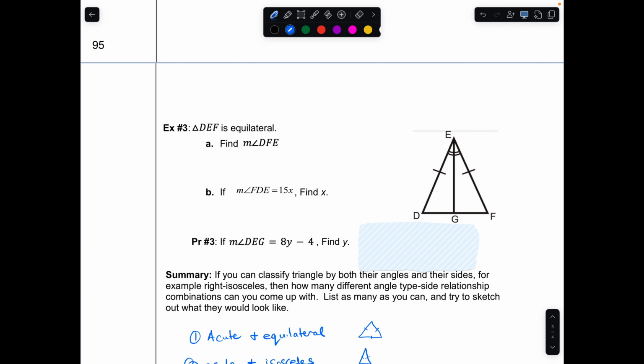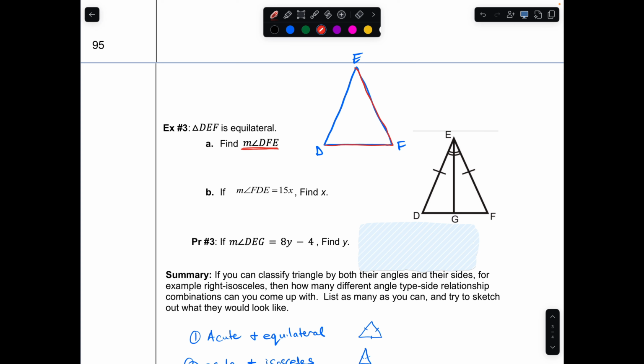All right, so in example 3, triangle DEF is equilateral. So this triangle here, triangle DEF, I'm just going to move it right here. DEF is equilateral, and it's asking us to find the measure of angle DFE.